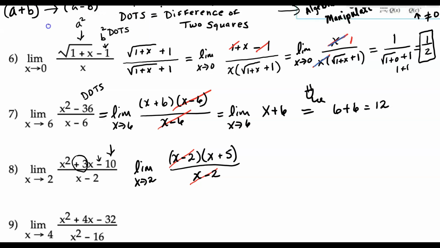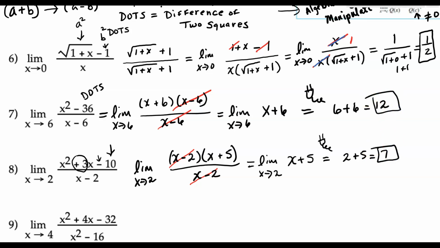And so when you do that, you end up with the limit as x approaches 2 of simply x plus 5. And it's again something that you could just plug in and evaluate. And you end up with 2 plus 5, which is 7. So really simple after you factor it out.